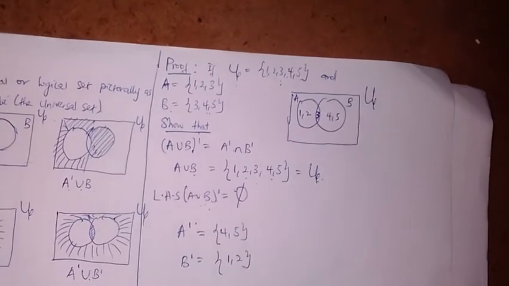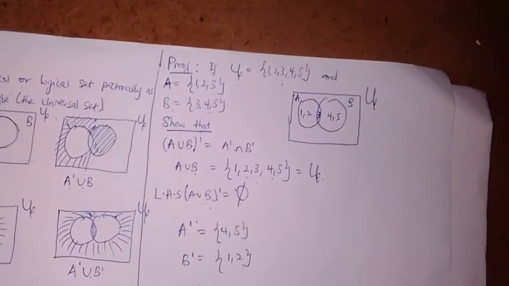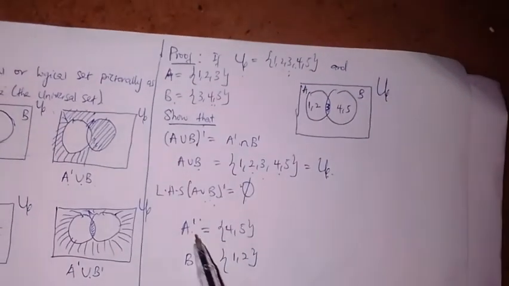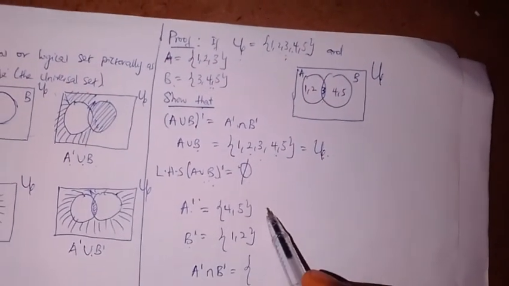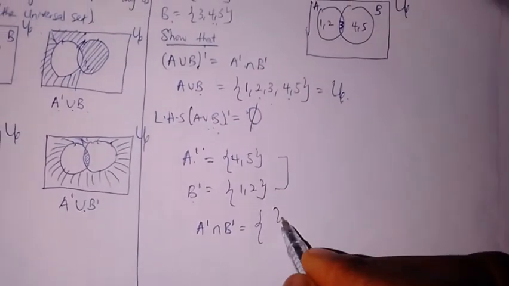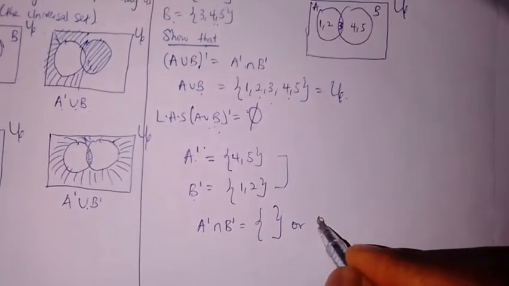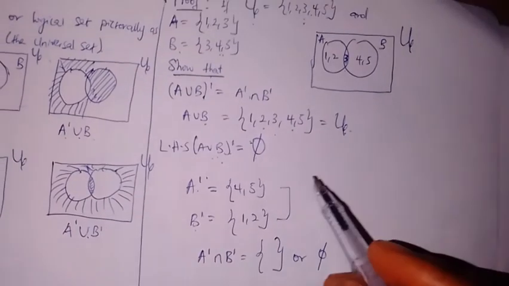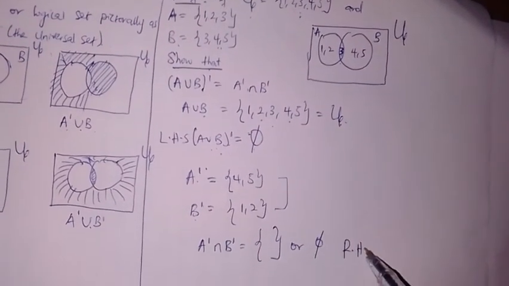Now, let's look for the intersection. A' intersection B' means what is common between A' and B'. Comparing these two, is anything common? Nothing is common. So I'll leave it as the empty set or null set. Now, this is my RHS.